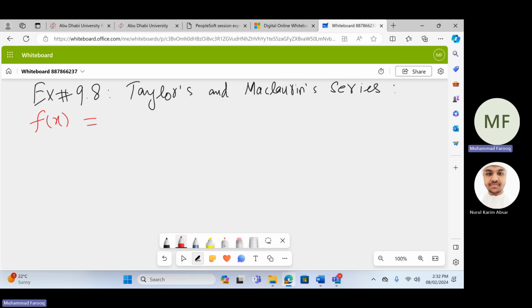How? The difference is that the Taylor series is centered about a point. Let's say the point is, for example, a.